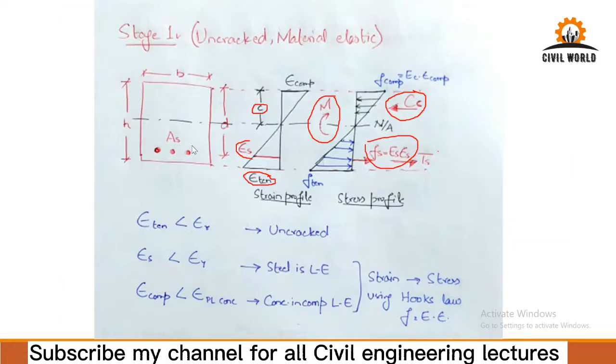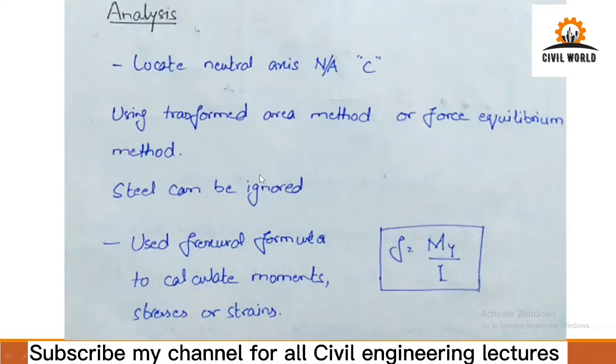In the transformed area method, basically we will convert the steel into the equivalent area of concrete, and then solve. In the force equilibrium method, we will use the equilibrium of the forces applied on that section, calculate the value of C and locate our neutral axis.